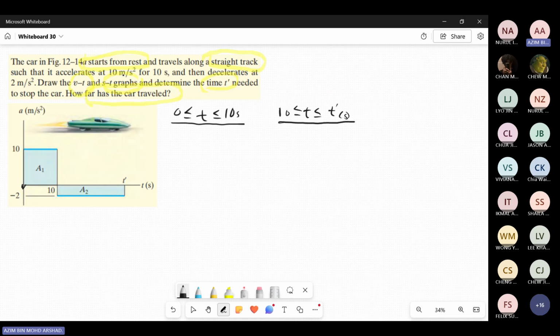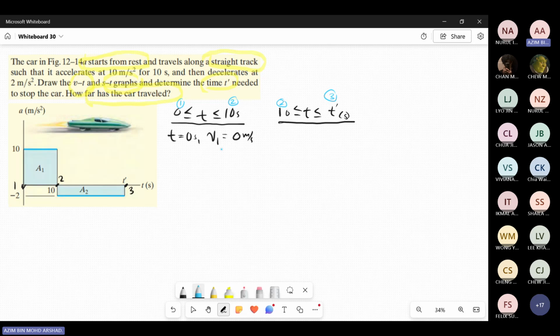Now let's write down the information that we have. It starts from rest, meaning at t equals 0, the starting point, the initial point. Let's call this point 1, this point 2, and this point 3. So v at point 1 equals 0 meters per second. Point 2 is at t equals 10 seconds, and this is point 3.